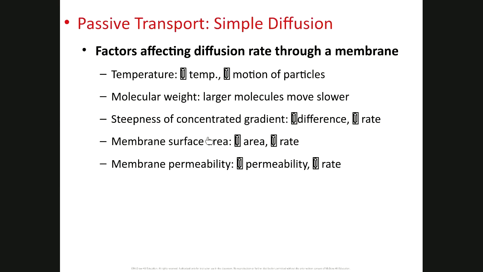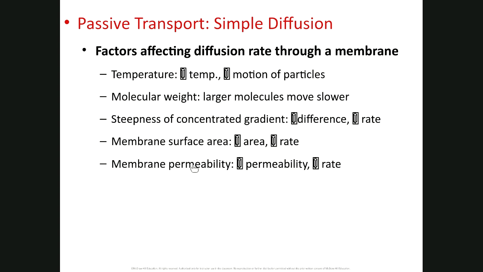Membrane surface area. Okay, so we actually mentioned something called microvilli that increase the surface size of the cell. So that would be an example of this. The higher the surface area, the greater the rate of diffusion, just because there's more space allowing a greater number of molecules to move across that membrane. And of course, membrane permeability.